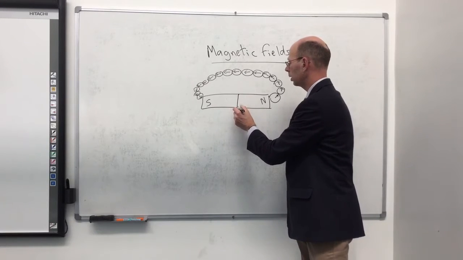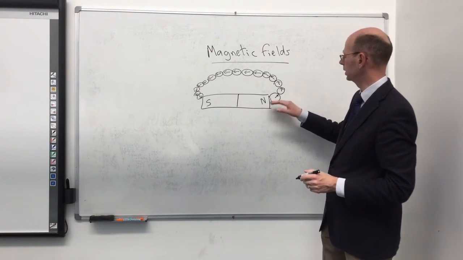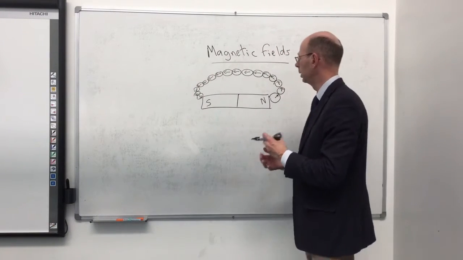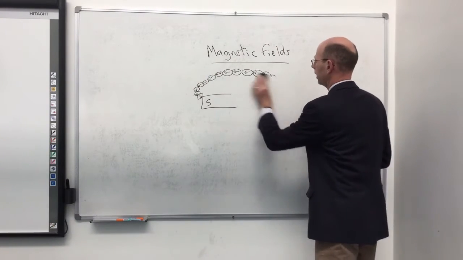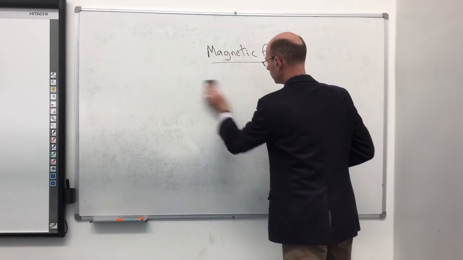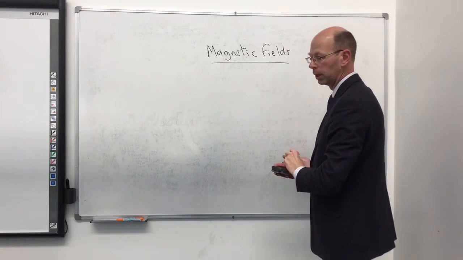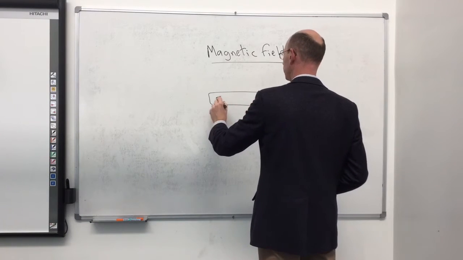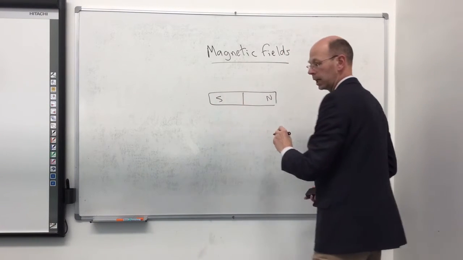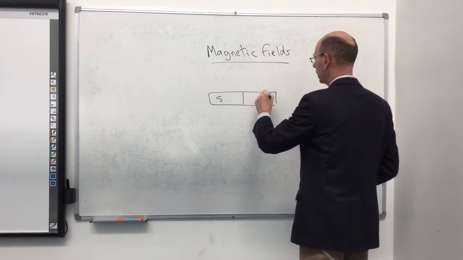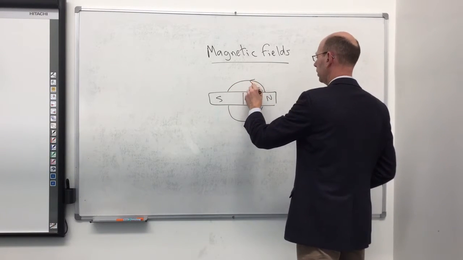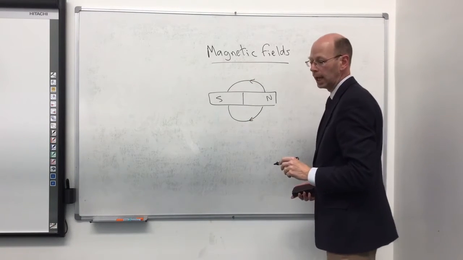And if you were to plot a few of those, starting your compass at slightly different points, you'd end up with a diagram which indicates the shape of the magnetic field around your bar magnet. And as you probably know, what that will end up looking like is a little bit like this. If we have a north pole there, a south pole there, we'll have some field lines which come from inside the magnet, like that, from north to south.